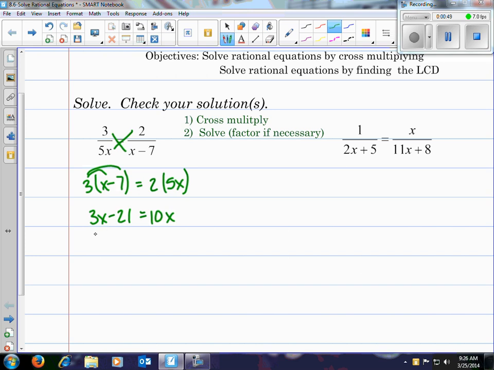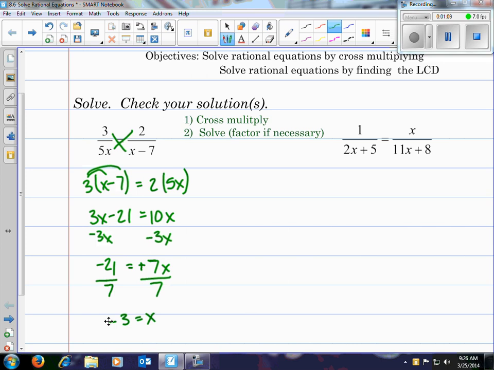Then I can subtract 3x from both sides. So I get negative 21 is equal to positive 7x. And I divide both sides by 7. So I get negative 3 is equal to x.